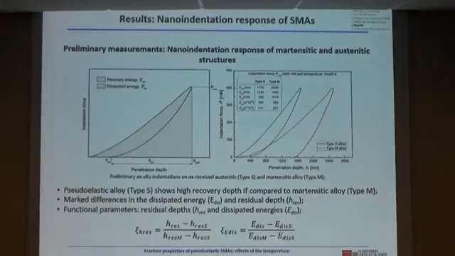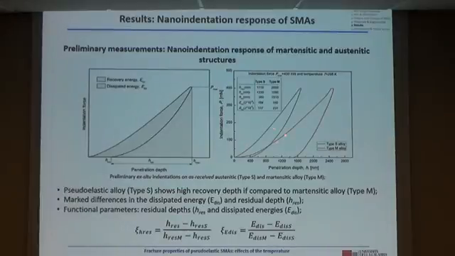So let me start with the nanoindentation results. We did preliminary measurements to analyze the response of the two crystallographic structures of the material, the martensite and austenite. And to this end, we analyzed two commercial materials, namely type S and type M. They are basically a pseudoelastic material and a martensitic shape memory material.